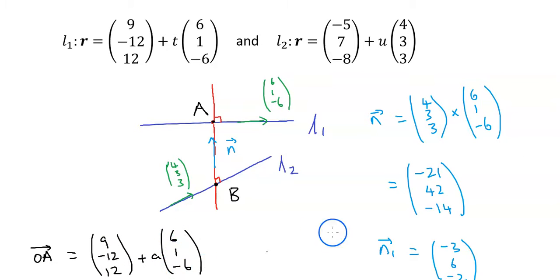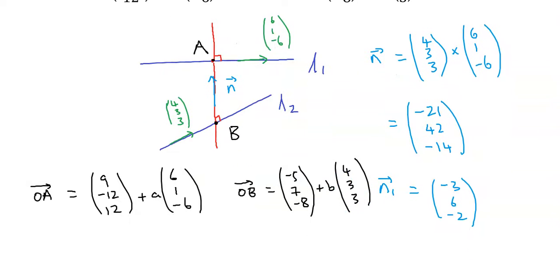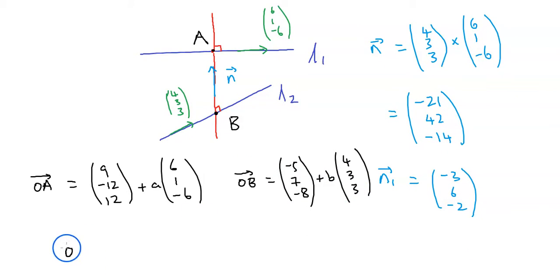And we know that OB is equal to (-5, 7, -8) plus b times (4, 3, 3). And we also know that OB is equal to OA plus AB, but we also know that AB is equal to k times our vector n.